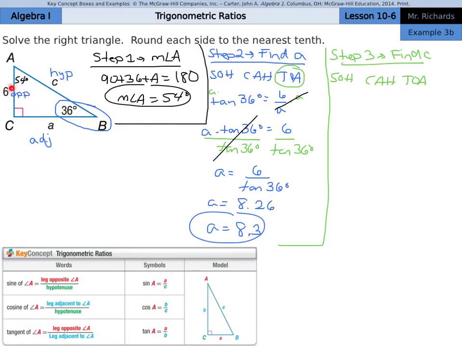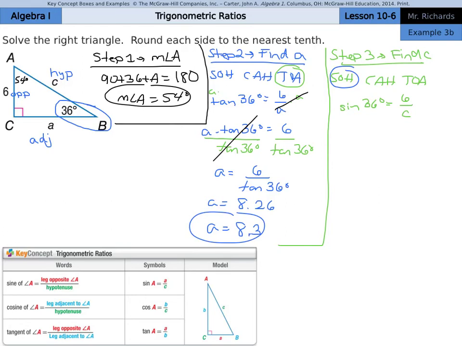So opposite and hypotenuse takes us to sine. So I'm going to say that the sine of 36 degrees is equal to the opposite side, which is 6, over the hypotenuse, which is C.